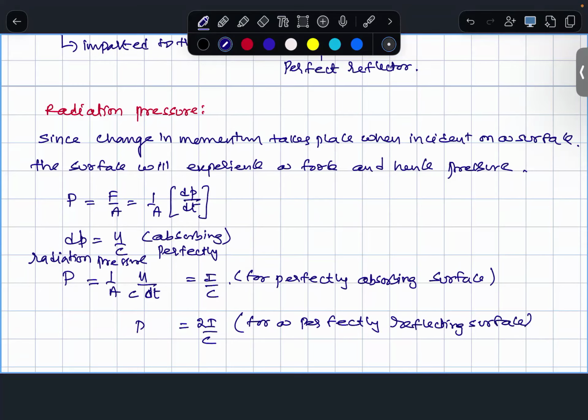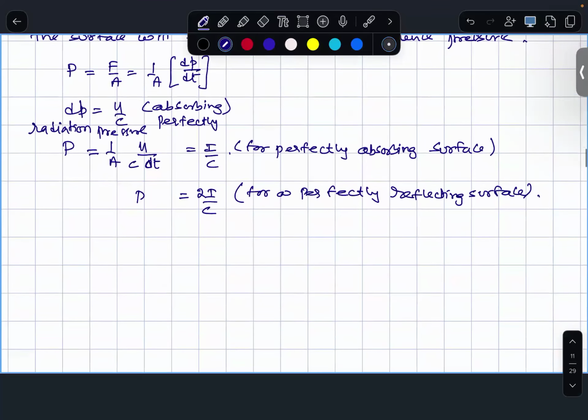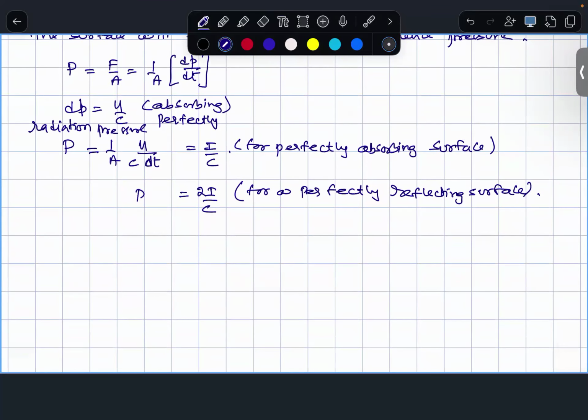For EM waves, we have only two options. We don't work on in-between options. That we will work in quantum physics. Partially reflecting or partially absorbing cases, we will take care of in modern physics. Okay? Right.